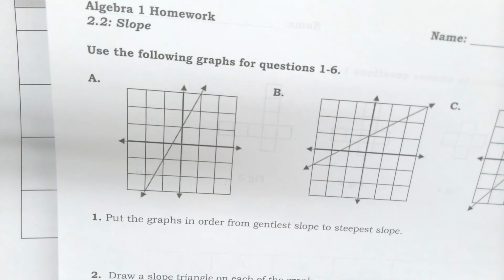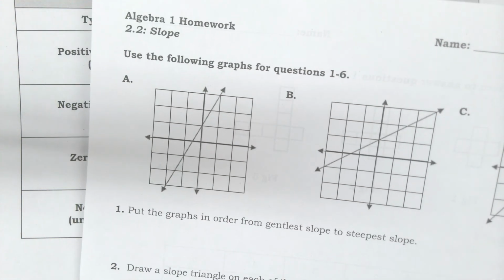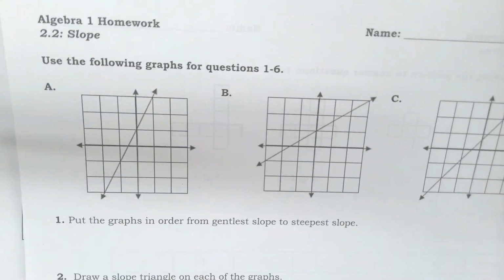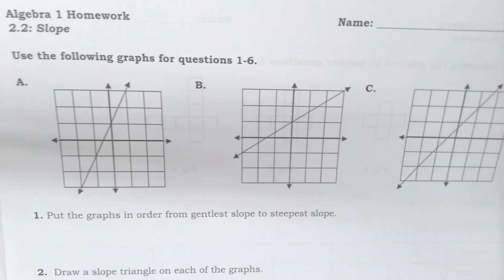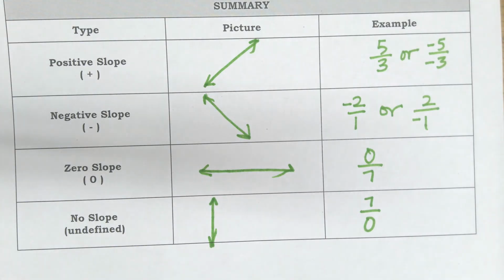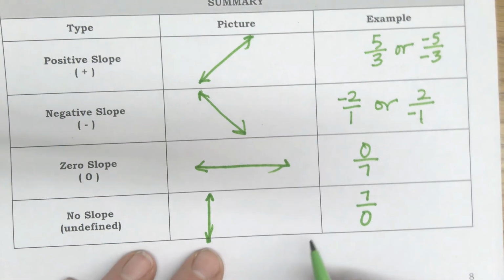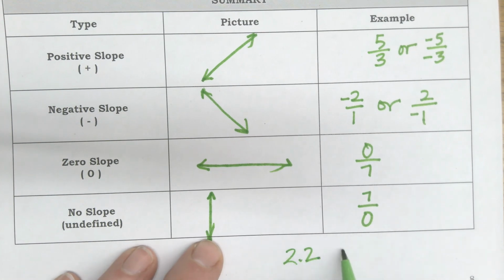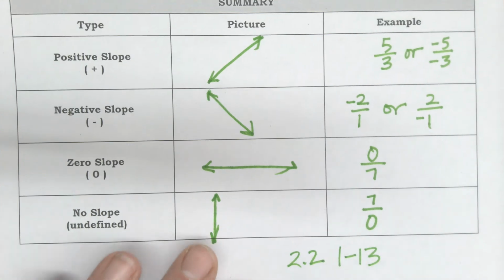I would like you to do problems 1 through 13, and then we'll go through those together before we start our next work. So that's problems 1 through 13 is your homework from section 2.2. So again, 2.2 in the homework packet, 1 through 13. And I will see you in class tomorrow.